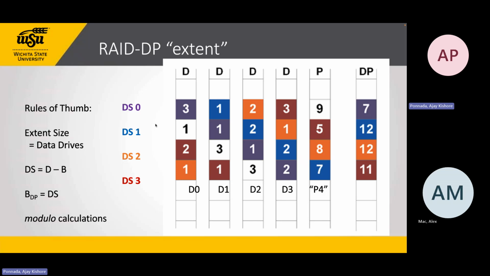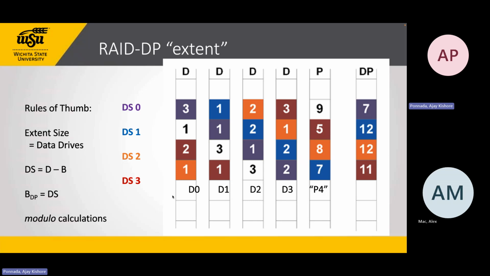So for example, we have DS0 here, D0 here. So this is the block. This is the drive. So block 0, drive 0. Block 0, drive 1. Block 0, drive 2. That's like the matrix. Block 0, drive 3. Or block 1, drive 0. Block 2, drive 1, and so on and so forth.